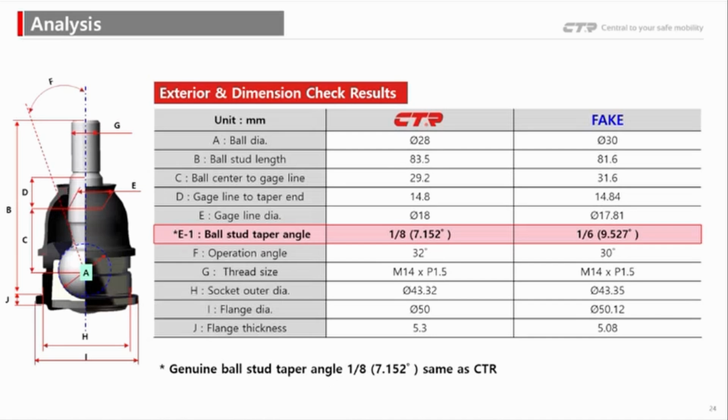This mismatch can cause assembly issues, loose fitting, or even safety failures during vehicle operation. So again, even a small dimension like a taper angle can make a huge difference in performance and safety. CTR strictly follows the global OEM standard, while fake parts often ignore it.